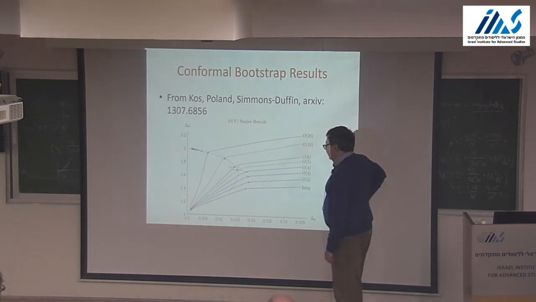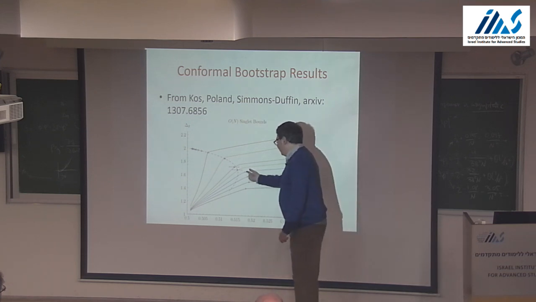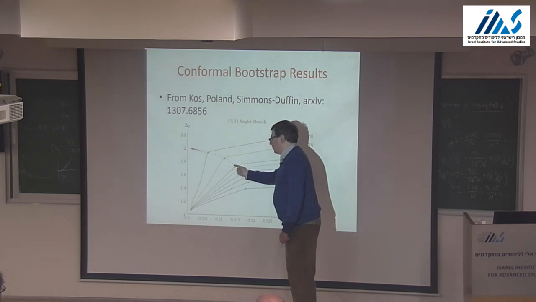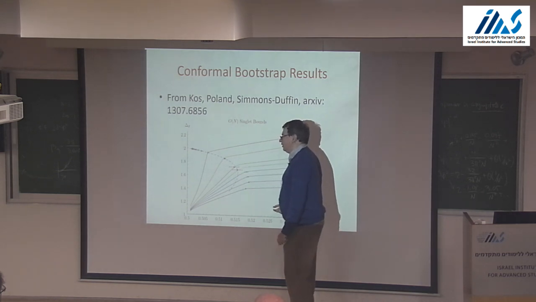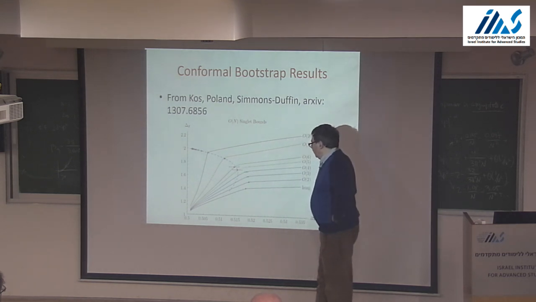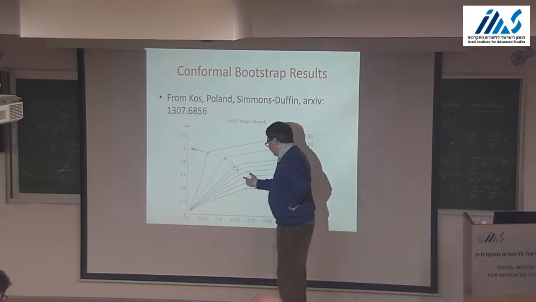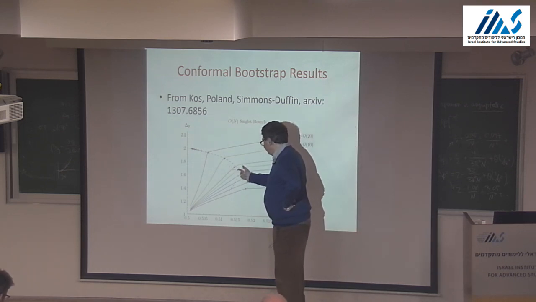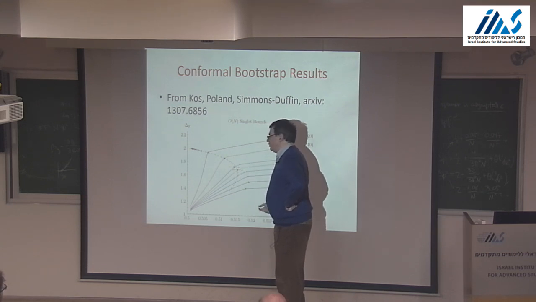I'm confused. They're an anachronism. Yeah, by now these error bars are much smaller and they turned into islands. But yeah, I think this is just the numerical error bar from the Bootstrap that by now shrank a lot.